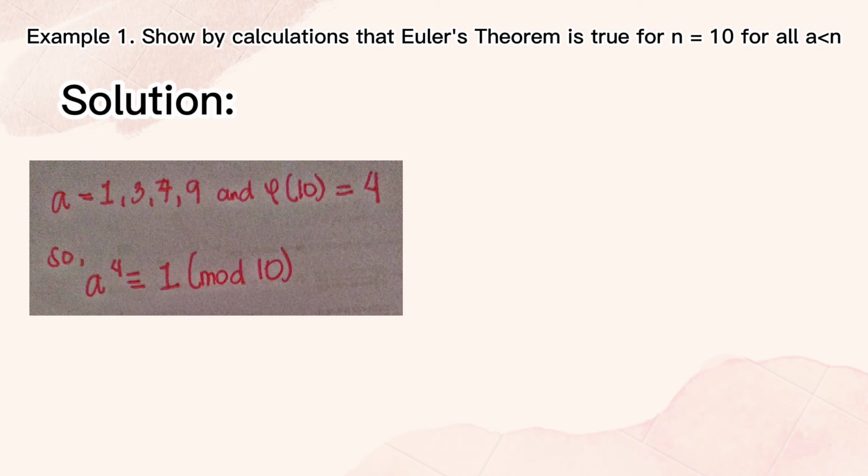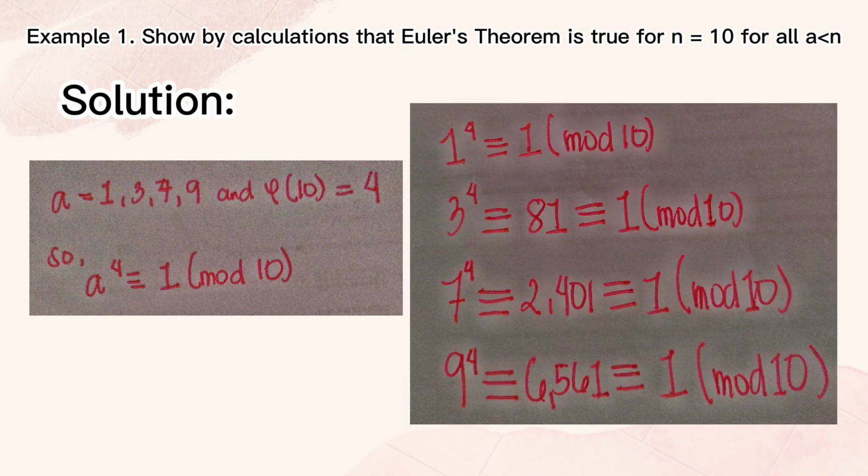Now we have 1 raised to 4 is equivalent to 1 modulo 10. And then 3 raised to 4 is equal to 81, which is equivalent to 1 mod 10. And 7 raised to 4 is equal to 2401, which is equivalent to 1 mod 10. And last, 9 raised to 4 is equal to 6561, which is equivalent to 1 mod 10.